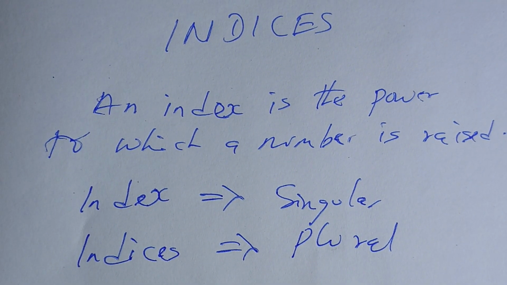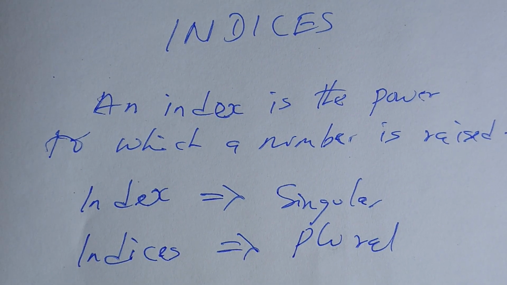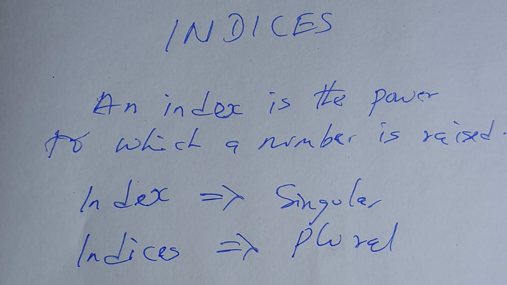Index is the singular, while indices is the plural form. So when we say index, we are talking about a single power, and indices means multiple of them. So when we say the laws of indices, we're talking about multiple index. So that is what we have to understand first.